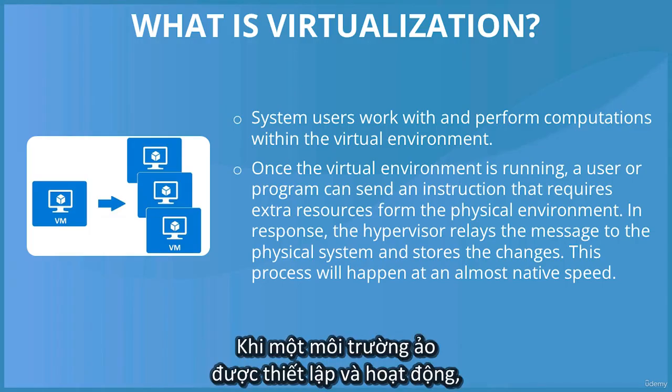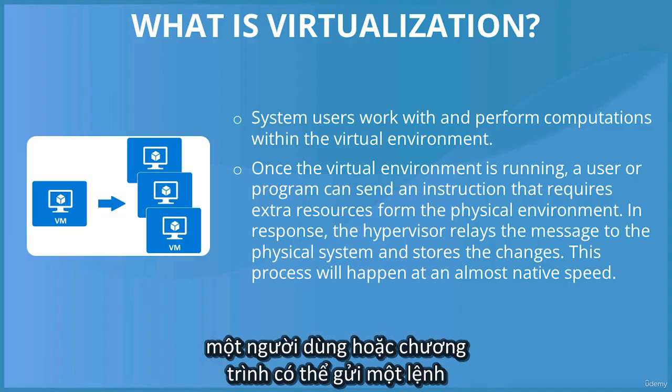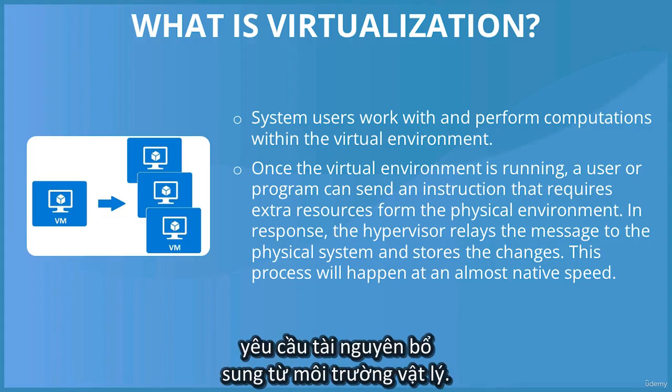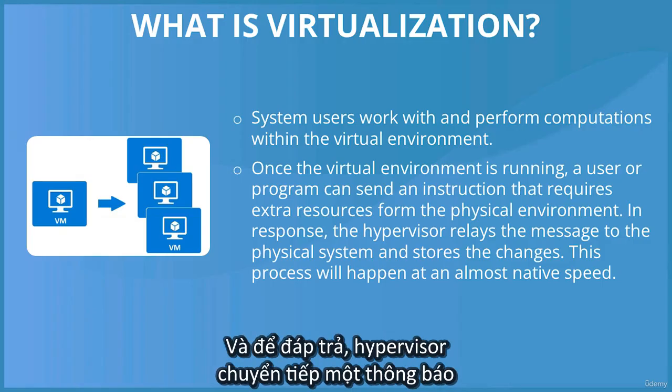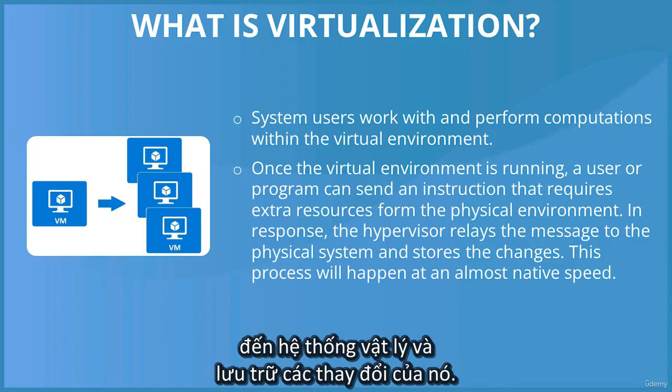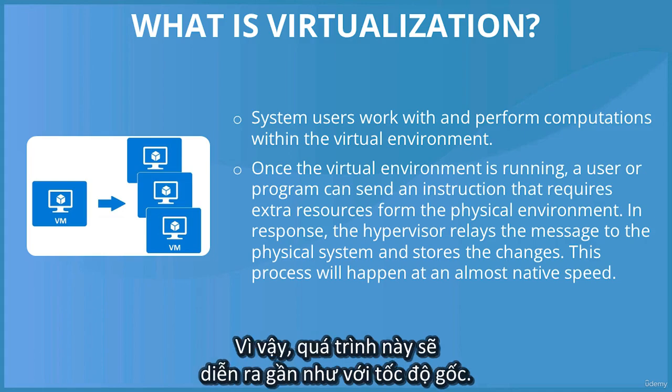Once a virtual environment is up and running, a user or program can send an instruction that requires extra resources from the physical environment, and in response, the hypervisor relays a message to the physical system and stores the changes. So this process will happen at almost native speed.